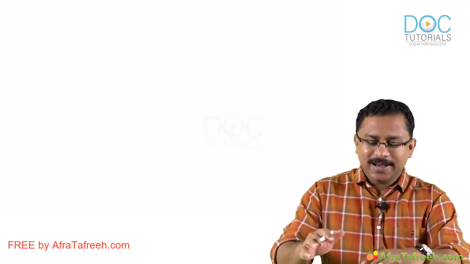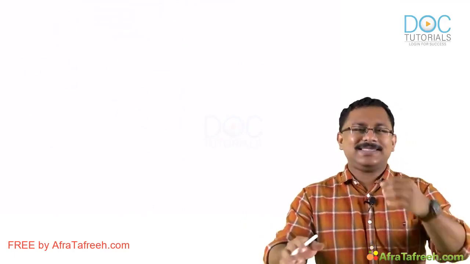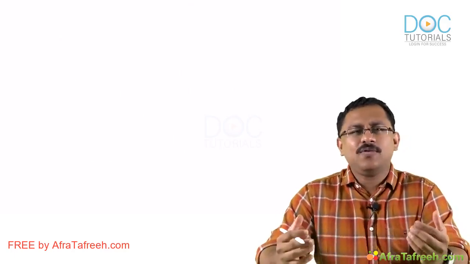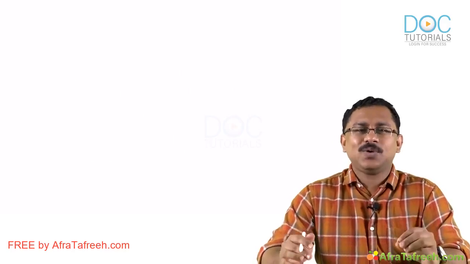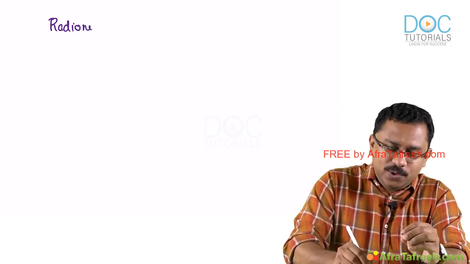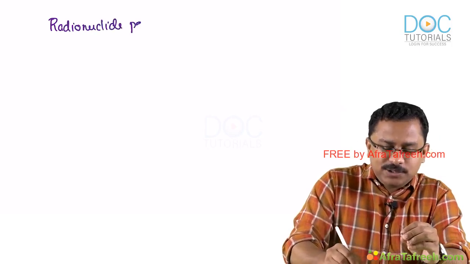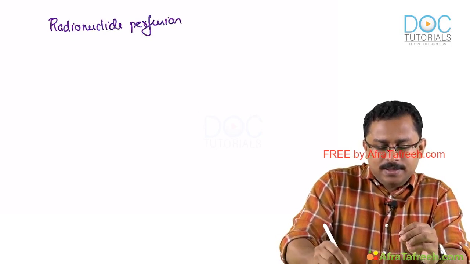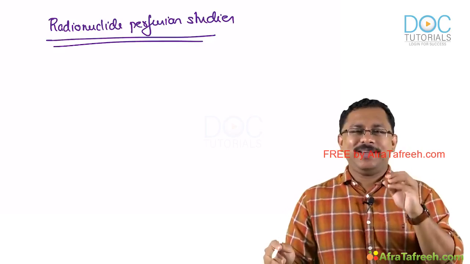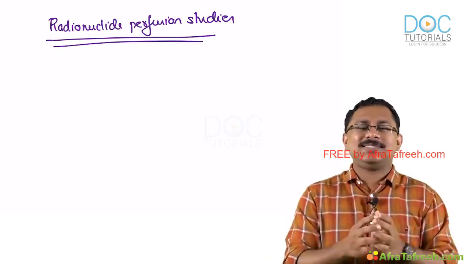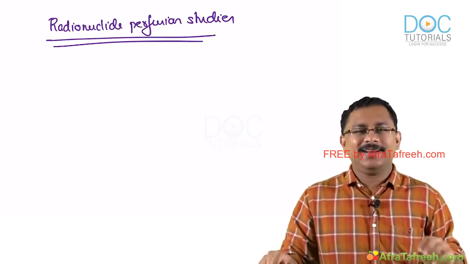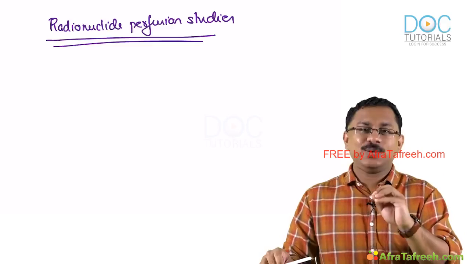After the dobutamine stress echo test, another test that you have got to learn is that you can go for perfusion studies, radionuclide perfusion studies, because whenever there is angina, definitely the perfusion will be affected. Suppose there is some atherosclerosis and narrowing of the vessel, naturally the perfusion will be affected, and you can go for perfusion studies.